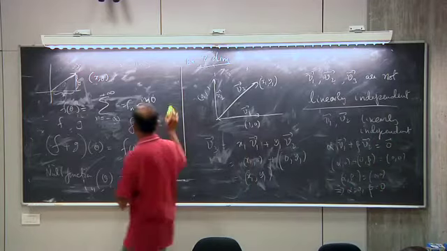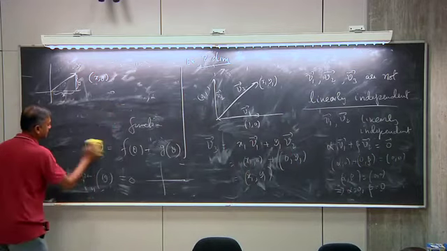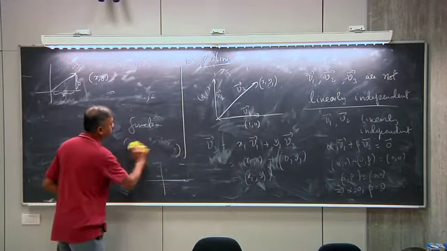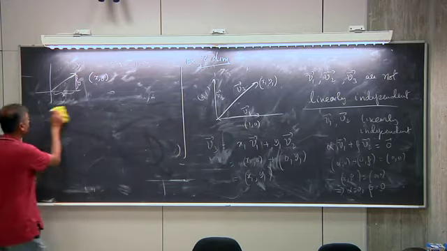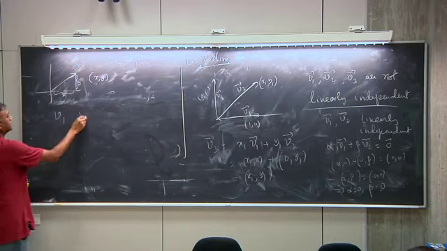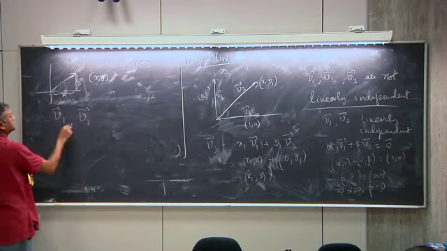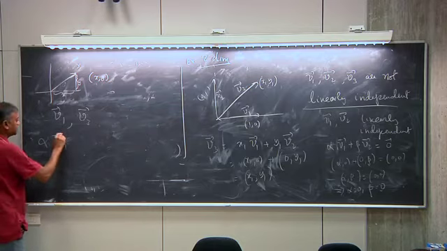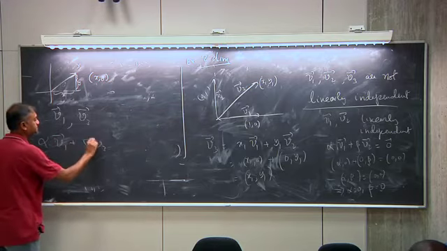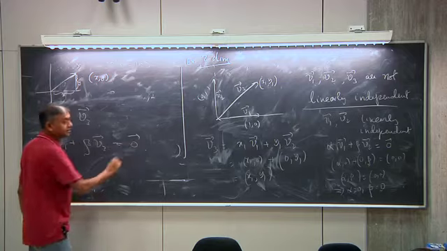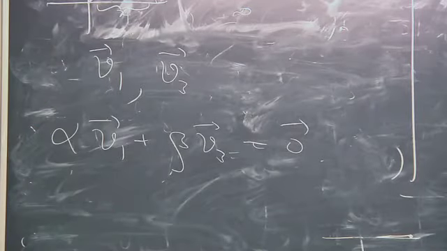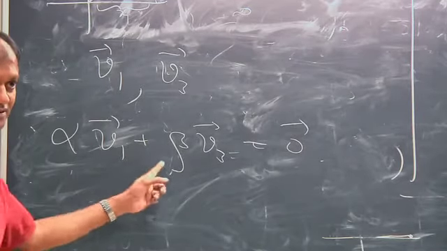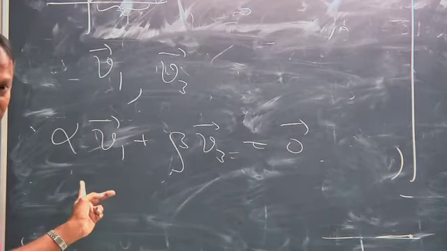In fact, V1 and V2 may look very simple, but consider what about V1 and V3? Let's take V1 and V3. Are they linearly independent or not? So again, let's look at this equation, alpha V1 plus beta V3 equal to the null vector. Is there any non-trivial solution? Is there any non-zero solution for alpha and beta?